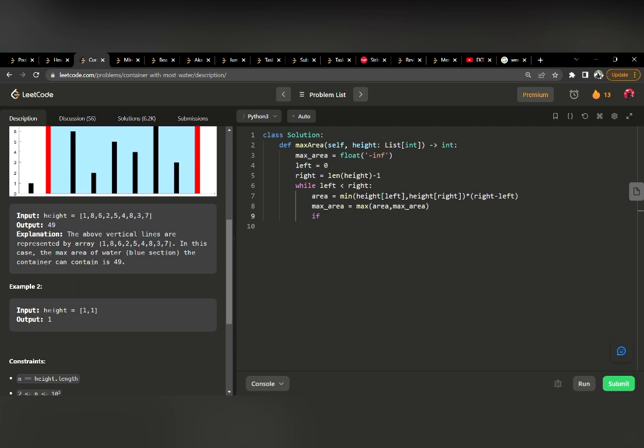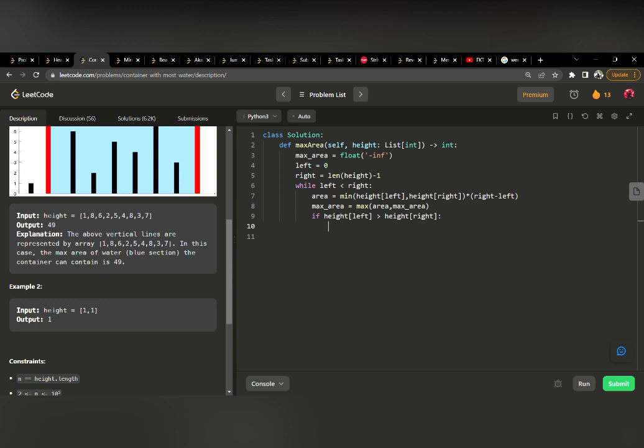So if height of left is greater than height of right, right?